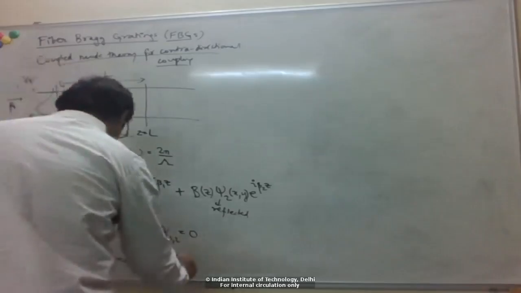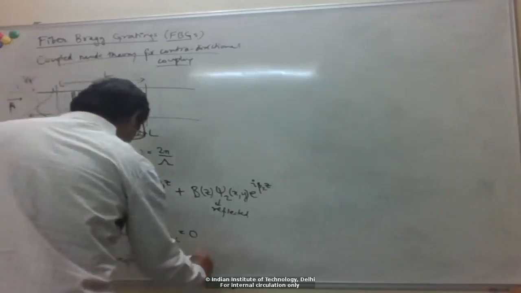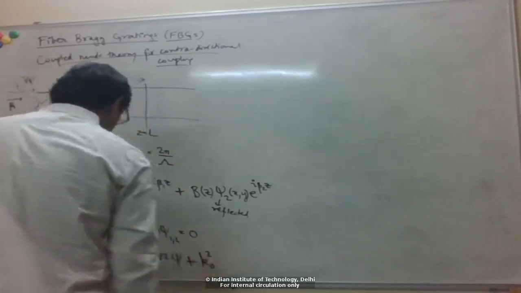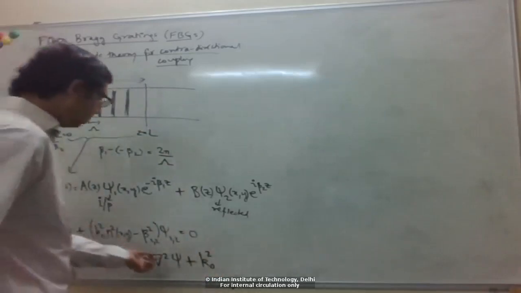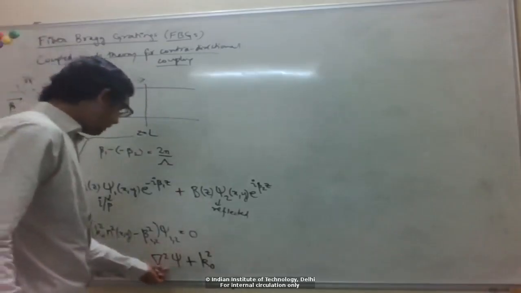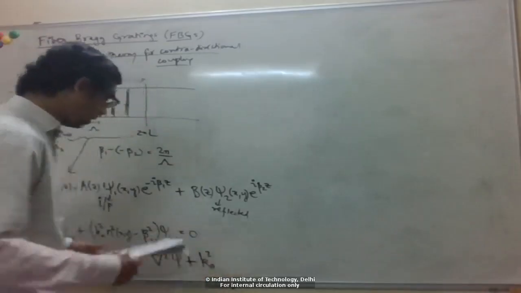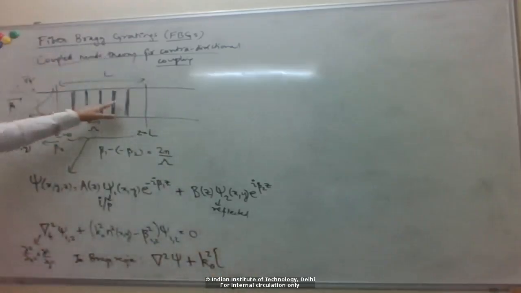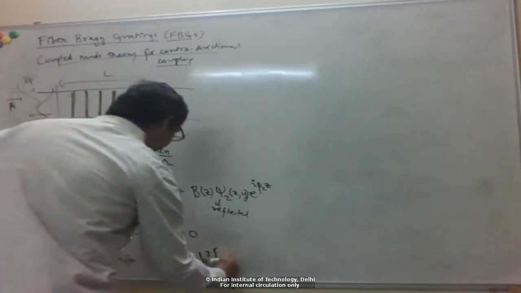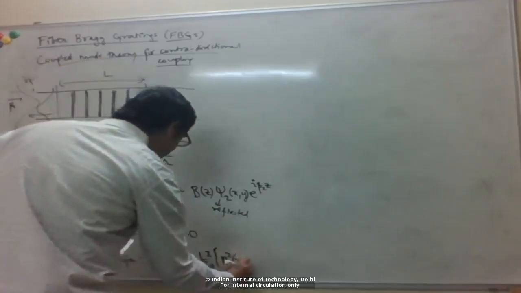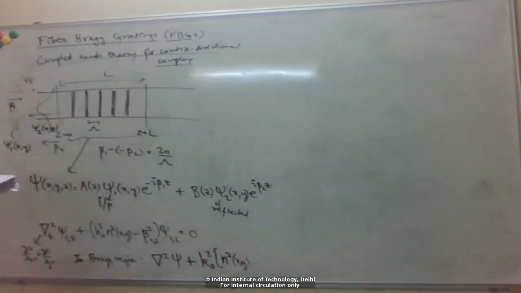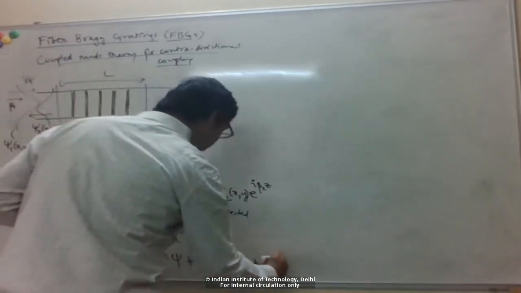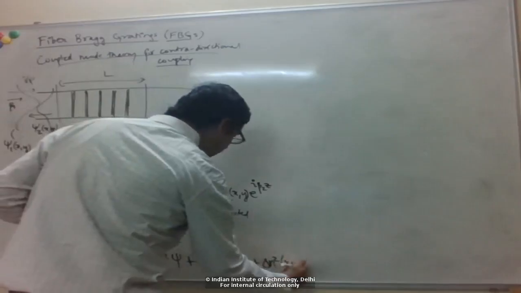Again, recall, the total wave equation is del square plus k naught square n square, right? And the n square in the Bragg region here is the bare fiber refractive index profile, right? Plus this change due to this UV light. So that now depends on z.